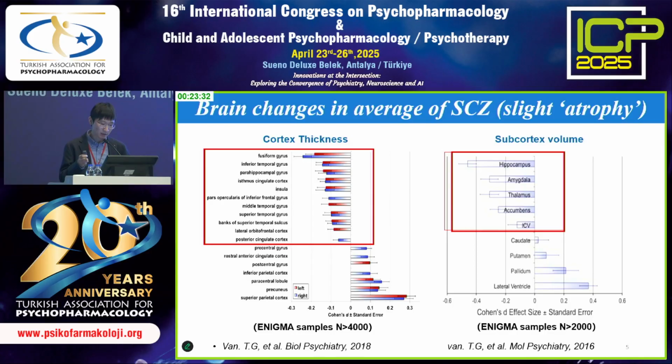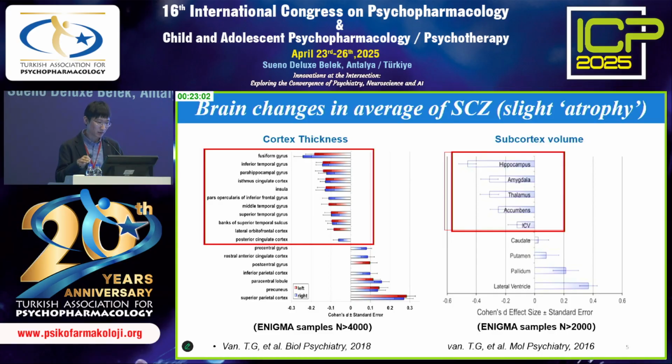In the cortex, the most affected regions are located within frontal, temporal, insular, and cingulate cortex. All of those regions show decreased cortical thickness. As for the subcortex, the most affected regions are located within hippocampus, amygdala, thalamus, and accumbens.